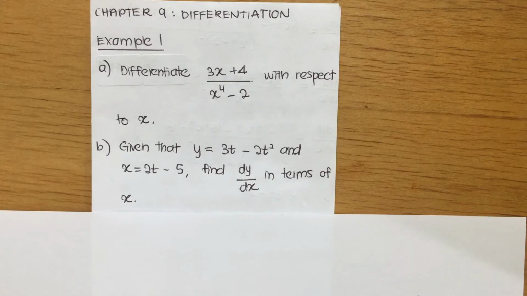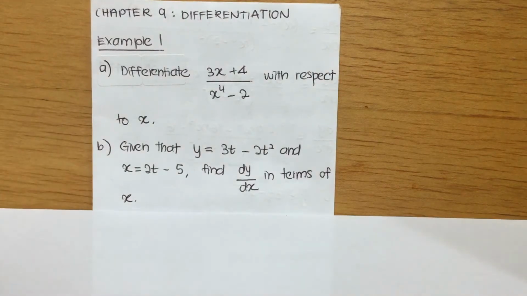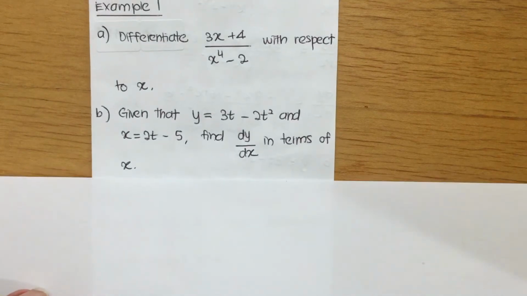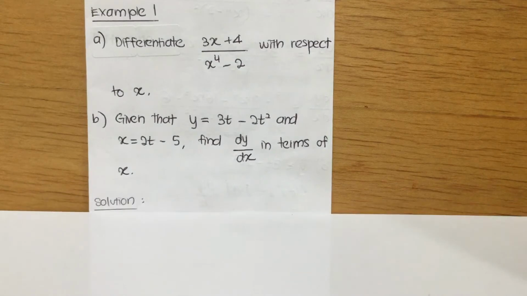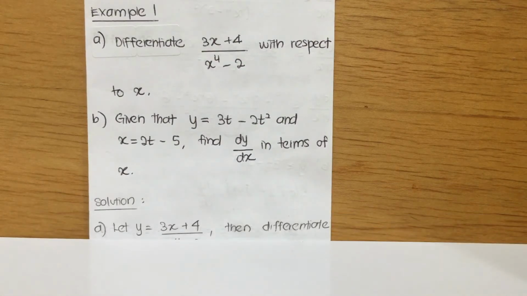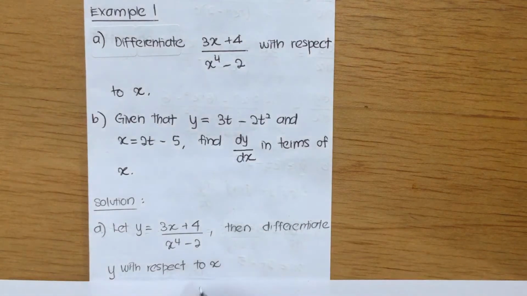Okay, let me proceed to the solution for example 1 now. So we're going to start to solve for question part A, followed by question part B. So let us look at the solution now. To start off, we let y equal (3x plus 4) divided by (x to the power of 4 minus 2), and then we differentiate y with respect to x.